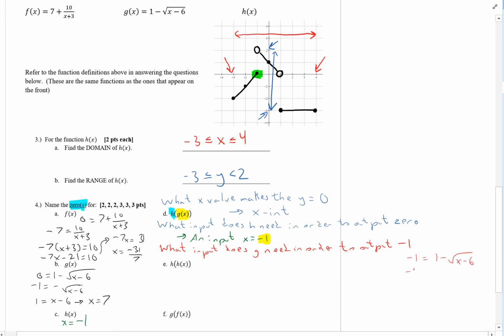Subtracting 1 from each side, -2 equals negative root x minus 6. Squaring both sides, 4 equals x minus 6. Adding 6 to each side, 10 equals x. So the answer to the 0 of this function, the thing that if I put it in will make the whole thing output 0, is an x value equal to 10.